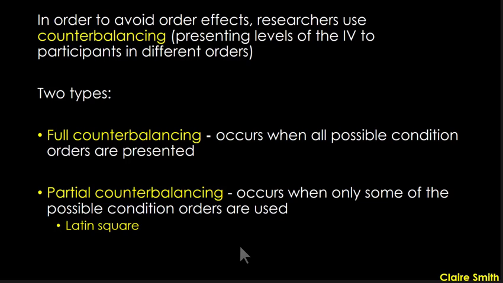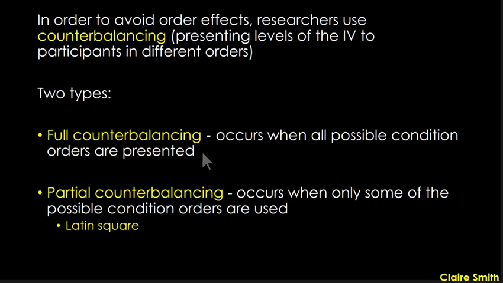So presenting the different conditions in different orders. So you can do full counterbalancing, which you have all possible condition orders presented. Or you can have partial counterbalancing when only some of the possible conditions are used. So if you don't have many different conditions, it's easier to do full counterbalancing.